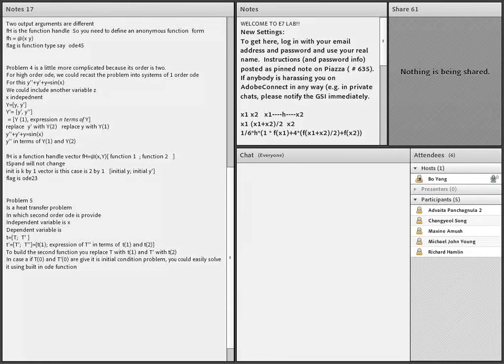After we get the expression, small t prime, which is a function handle, we can put this function handle into ODE45 or ODE23 to solve this problem. We can find the T at different x points. So it's not difficult for case 1.